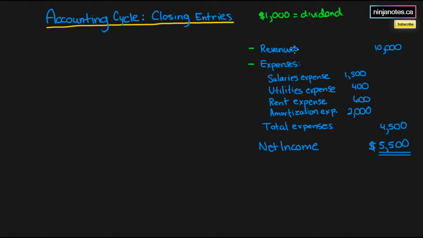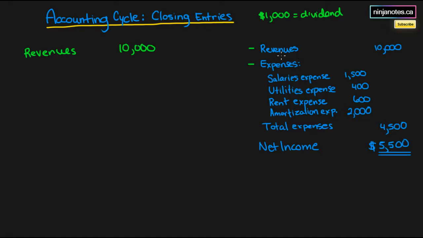So revenues have a balance of $10,000, and if you remember, revenues have a balance that is credit. So in order to reduce revenues down to zero, we're going to take revenues and debit them $10,000. This way, they have a balance of zero in this account. Now, what's going to be our credit entry?